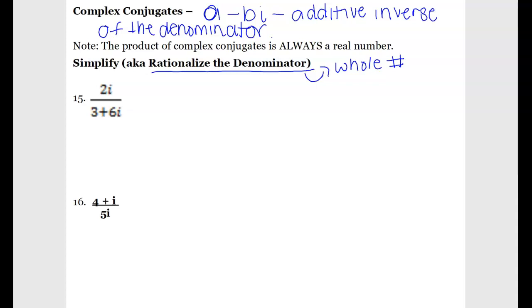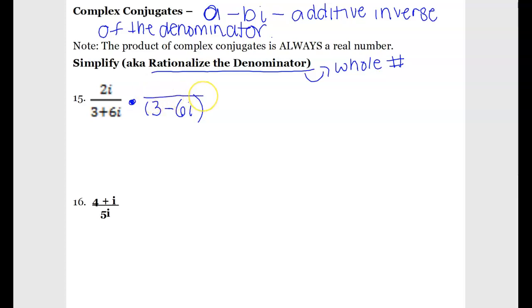So it's just like our square roots, that when we had to rationalize that denominator, you multiplied by your complex conjugate. So in example 15, that complex conjugate is 3 minus 6i. Because the first term stays the same, the second term becomes its opposite. So it's the additive inverses of the imaginary parts.